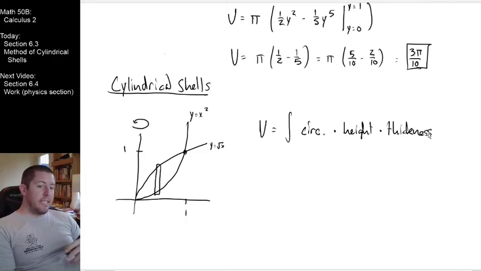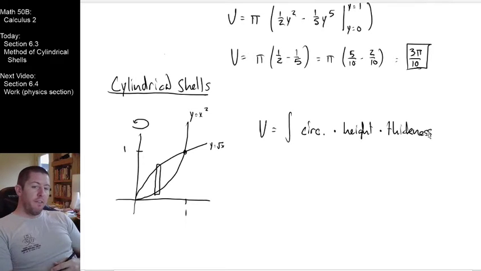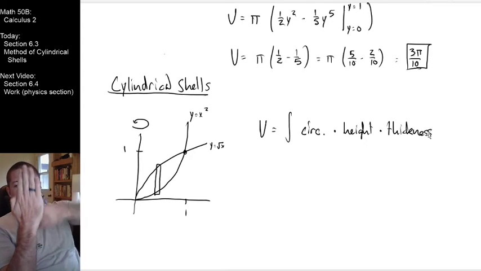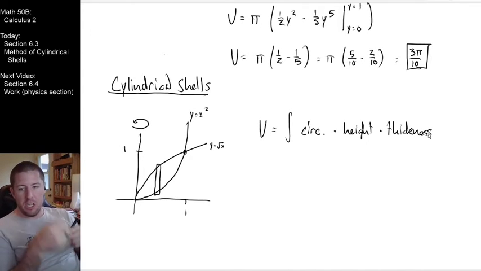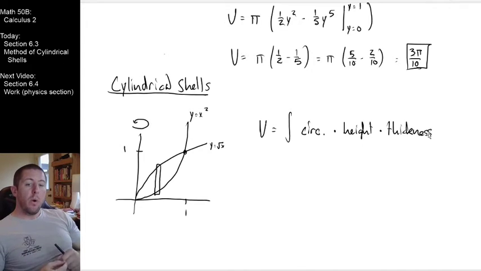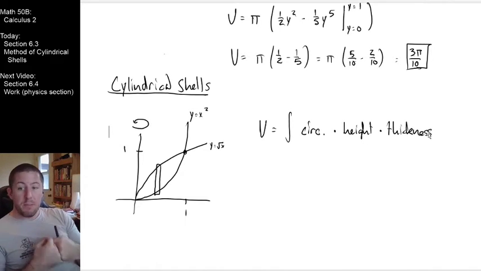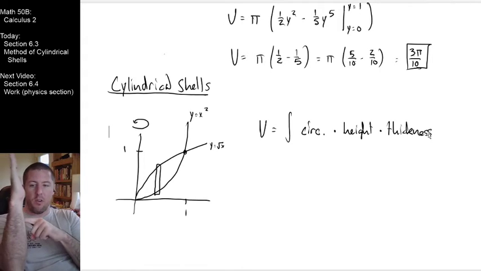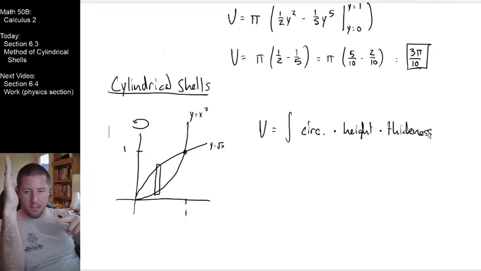Yes, the orientation of the rotational axis will always determine the orientation of the shell. It should always be the case that our axis of rotation is the dead center of every shell. When we say thickness and when we talk circumference, both of those are dependent on a radius, and that radius is being measured from the axis of rotation.